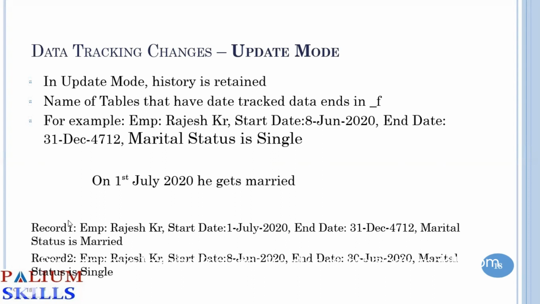So the new record will be Rajesh Kumar, start date 1st of July 2020, because this is update mode. His status is now changed to married from 1st of July. End date is 31st of December 4712. Till when was he single? He was single till 30th of June. So you have a start date 8th of June to 30th of June.